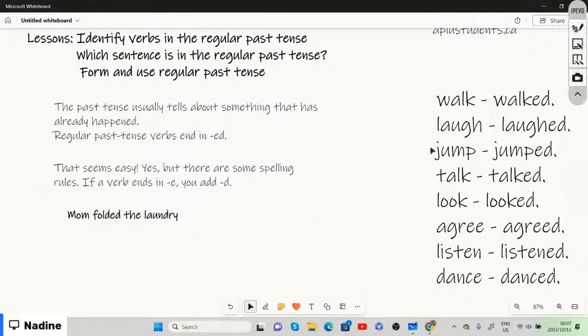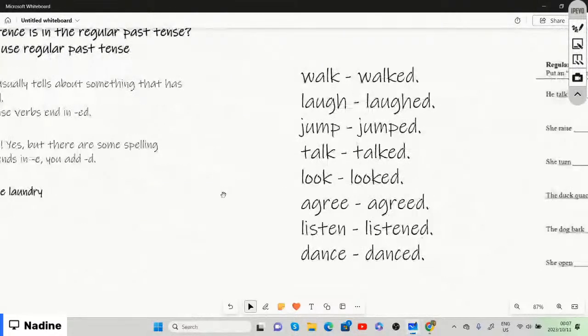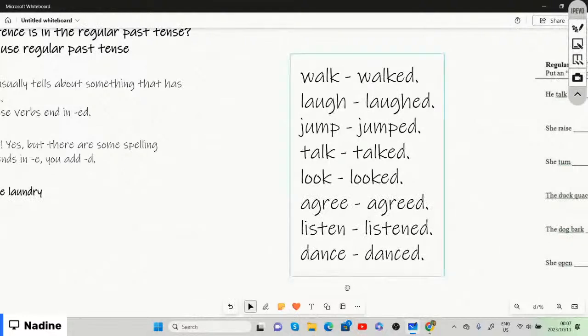All right. If you look at these words, on the one side, they're showing the present tense form. And what we are specifically focusing on is the past tense form.